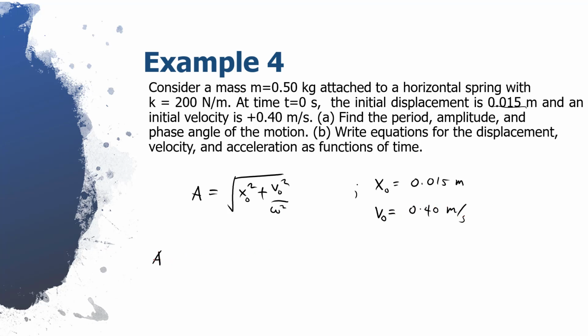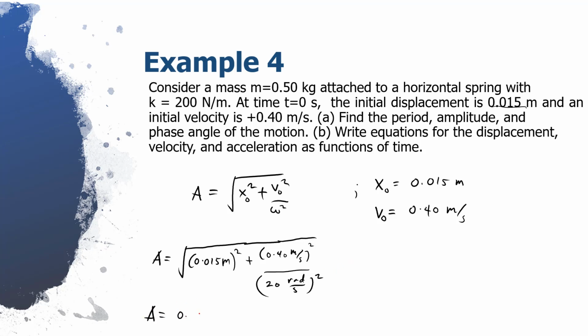So therefore, A is equal to square root of 0.015 meters squared plus 0.40 meters per second over omega, which is equal to 20 rad per second, quantity squared. And using a calculator, you can solve for A. A is equal to 0.025 meters. So this is the amplitude.